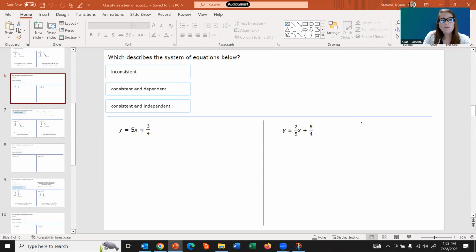And we want to remember that inconsistent is no solution. Consistent and dependent is infinitely many solutions. And consistent and independent is only one solution.